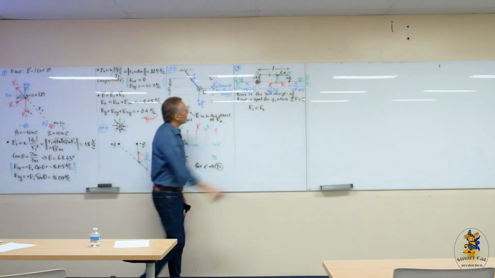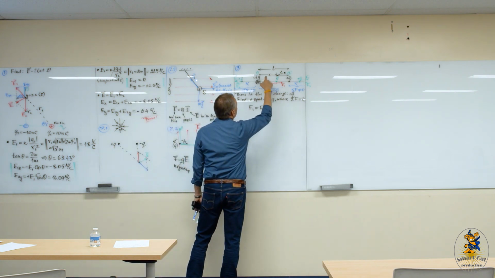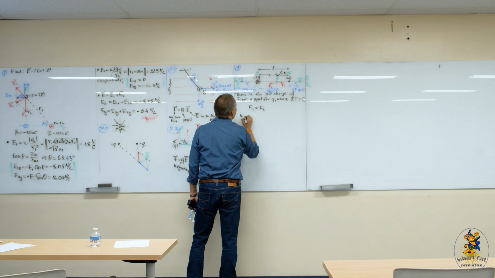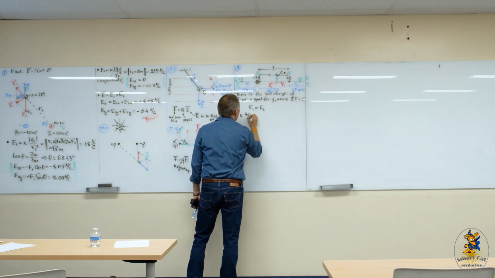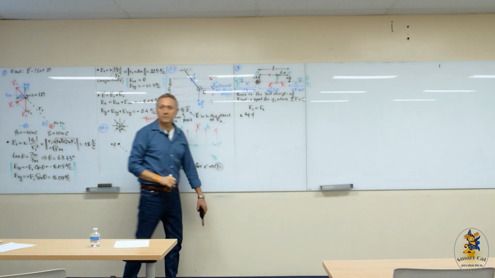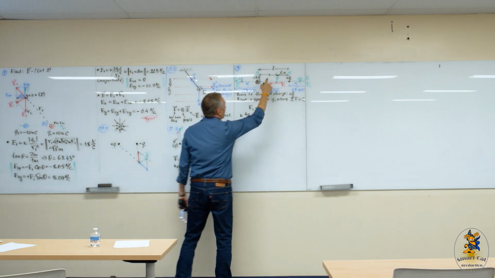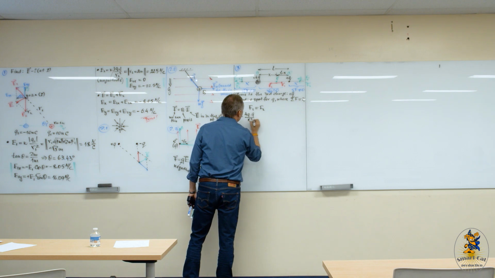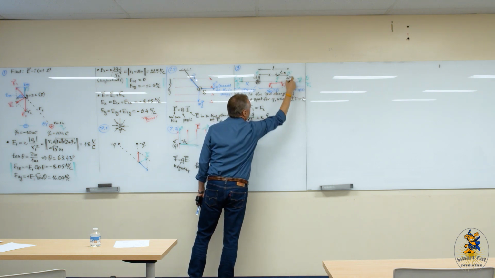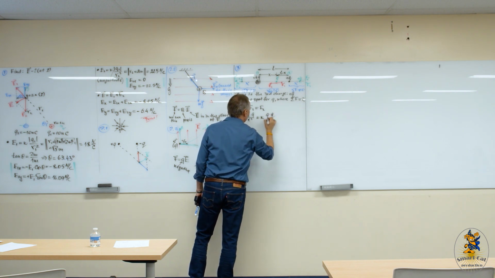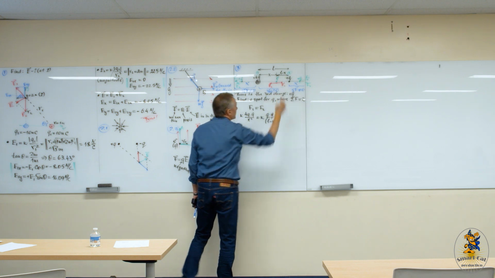So F1 will be K times 4Q times Q, divided by x squared, equals K times Q and Q divided by (L minus x) squared, because the distance is L minus x.